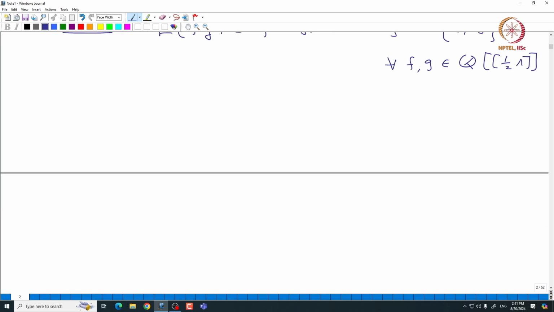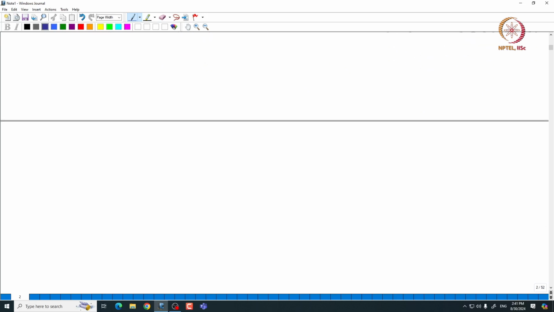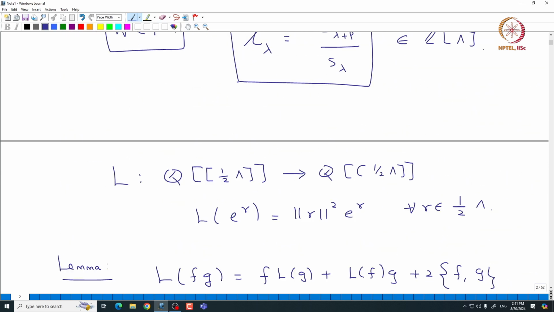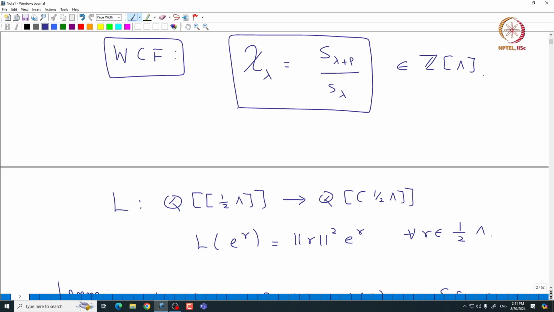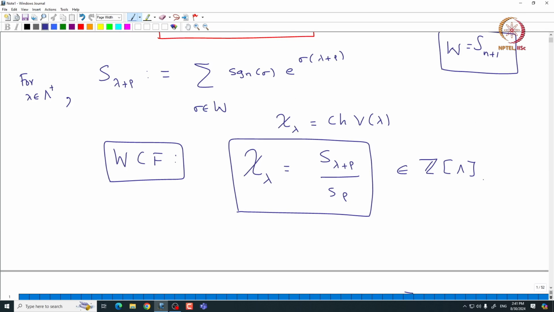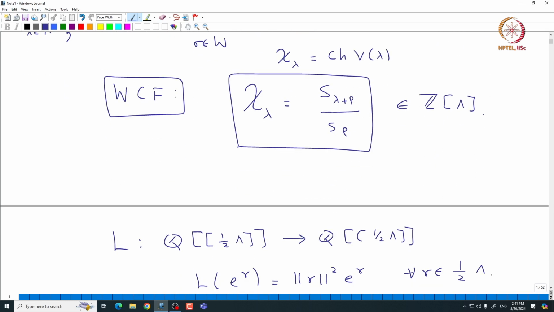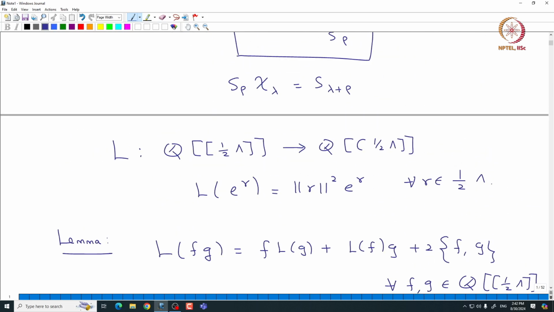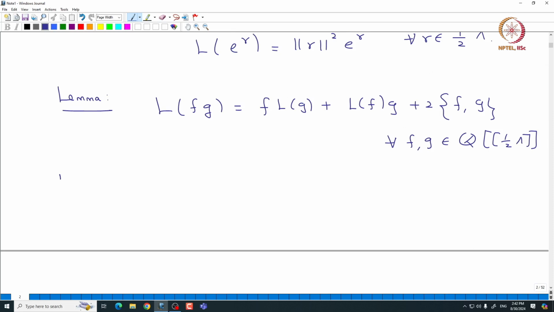Given this, we already proved an important fact. If you are interested in proving the Weyl character formula, it says chi lambda times S rho is the same as S lambda plus rho. So the Weyl character formula can be written as S rho times chi lambda equals S lambda plus rho. This is true if and only if we can show that S rho chi lambda is an eigenvector for the Laplacian with eigenvalue norm lambda plus rho squared.